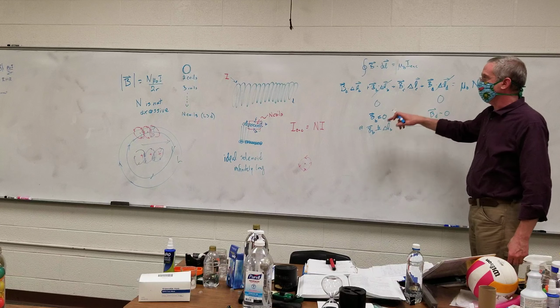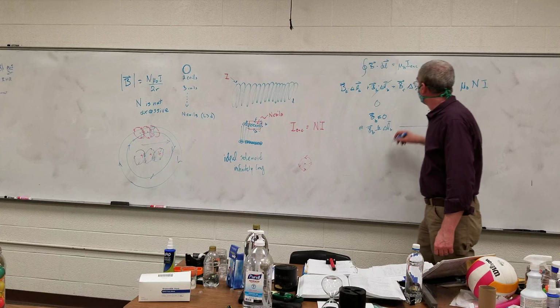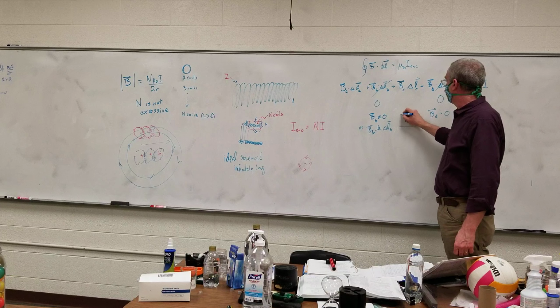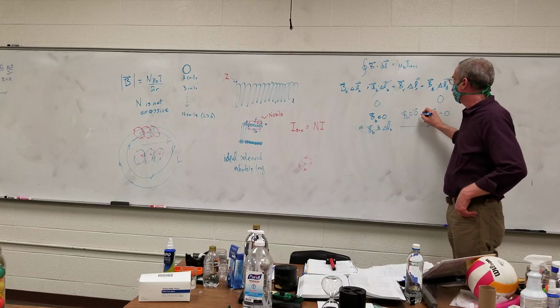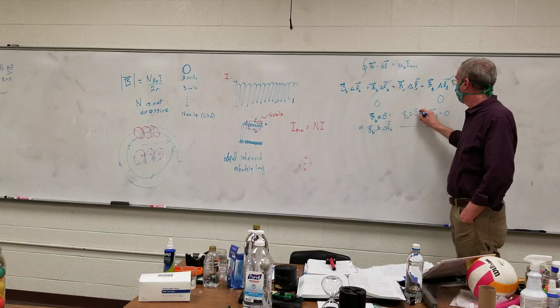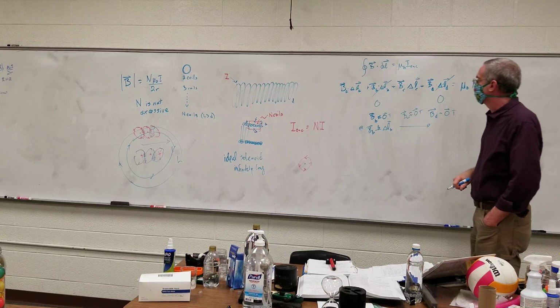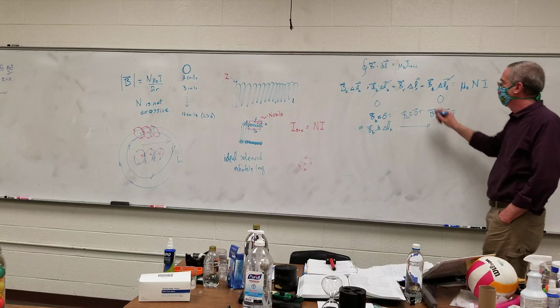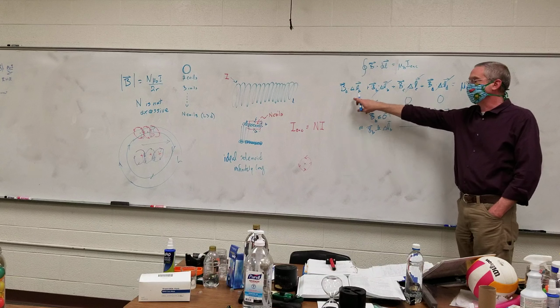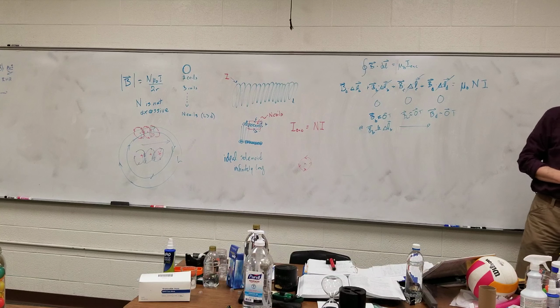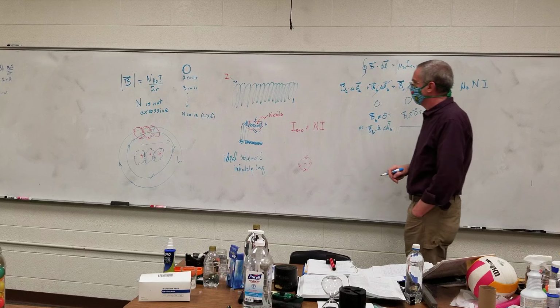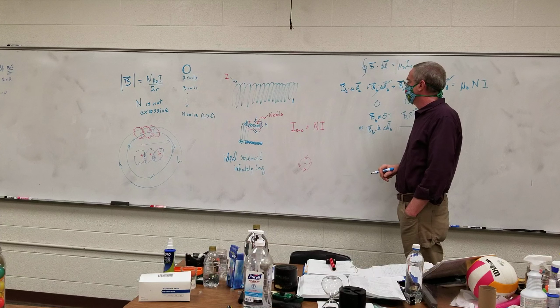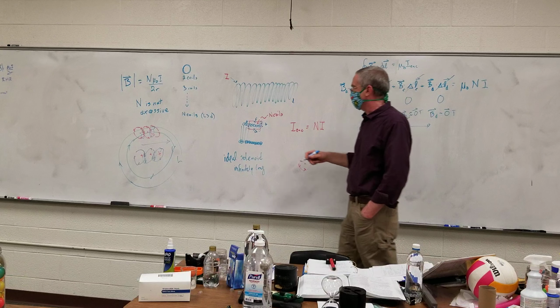So the magnetic field along path C out here is approximately zero. So all we're left with is this. So let's come up with a length here.